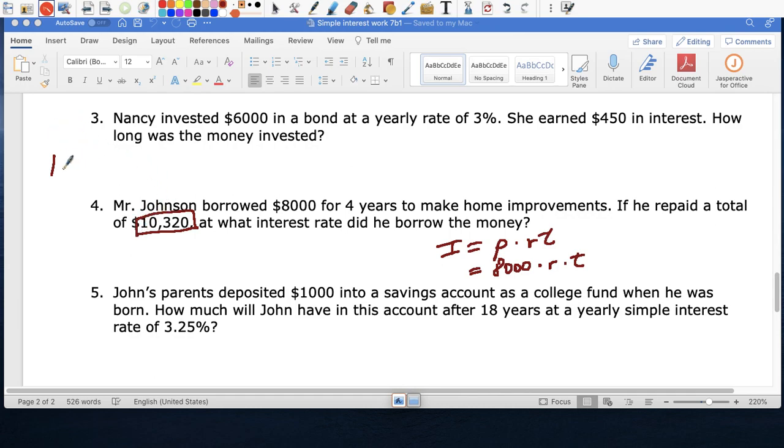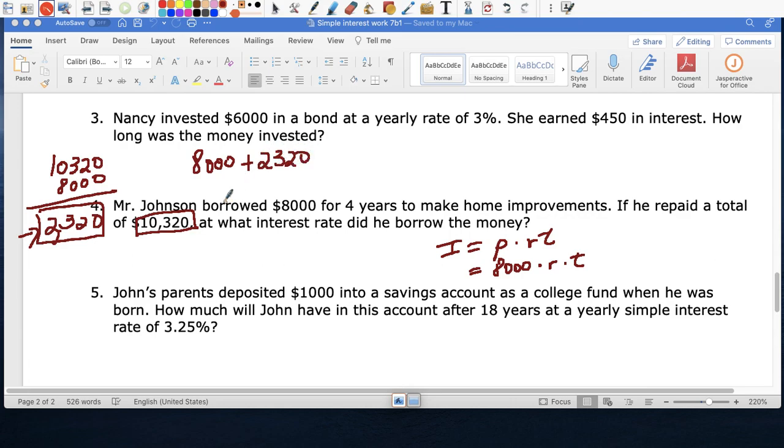So we're going to subtract these two. Right? So the difference here, $2,320, this is how much he had to pay in interest. So he borrowed $8,000, right? Plus he had to pay the bank $2,320, and that's how much he repaid, right?